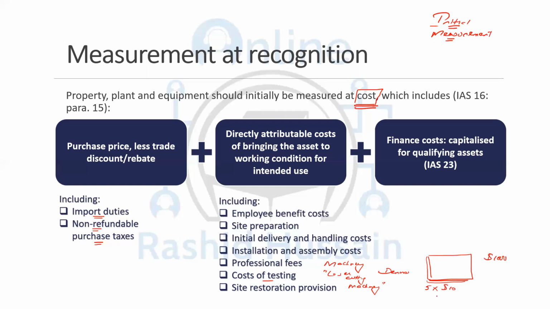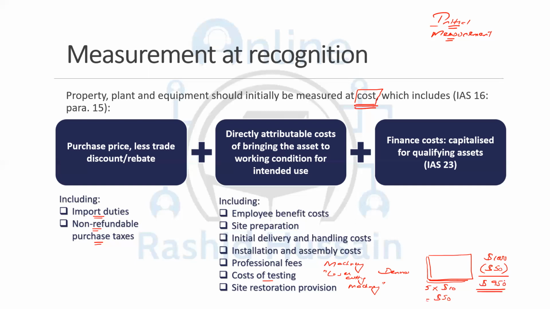The denim cut from the laser cutting machine can be sold. 5 denims can be sold for $50, and I'm in a position to sell that. So I'm going to deduct that $50, which is the product produced during the testing, which can be sold. I'm going to take the realizable value of it, whatever price it is going to earn. And this $950, which is the net figure, is going to be capitalized.